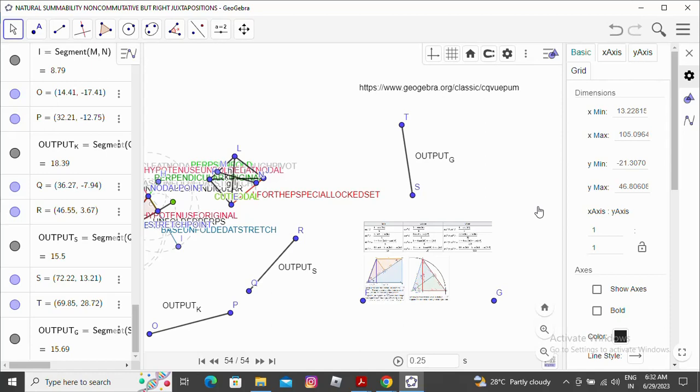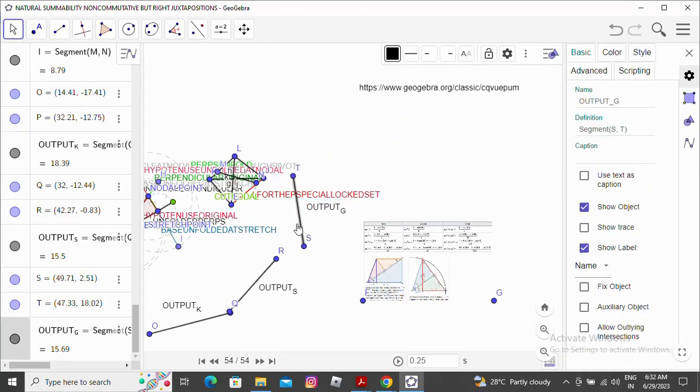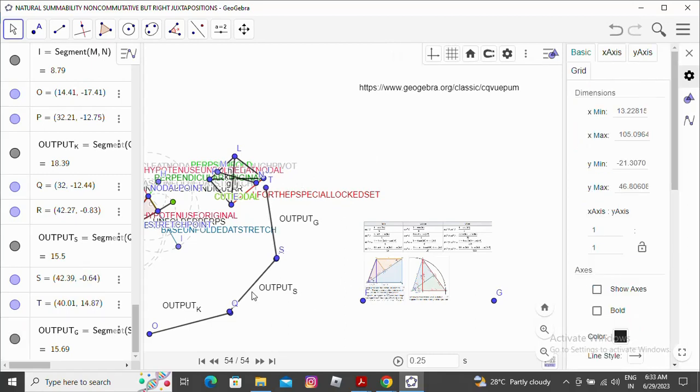There are several cases where, when we place the output line segments one after another, no transformations are necessary on the initial line segment or on the output line segment.